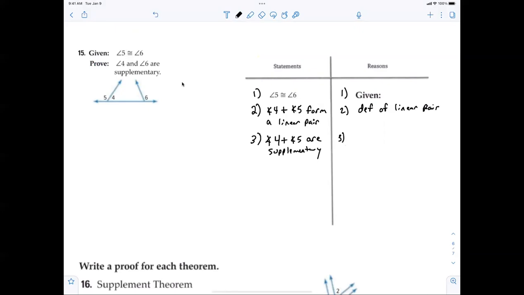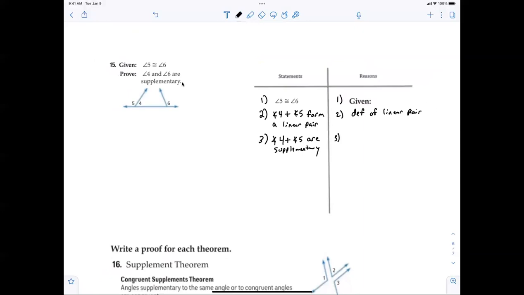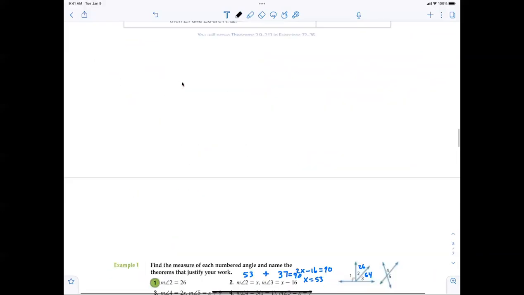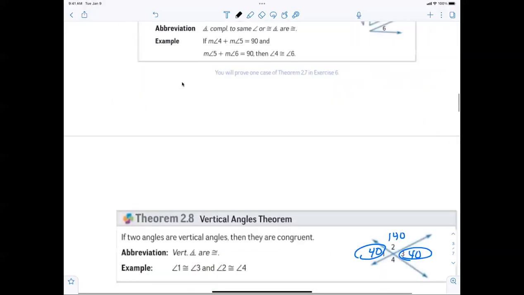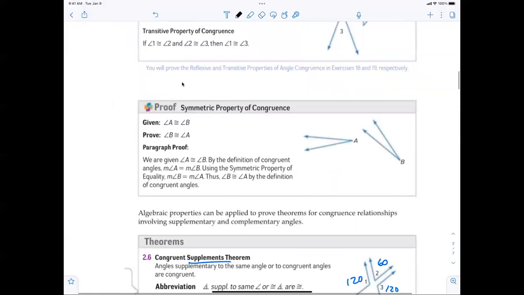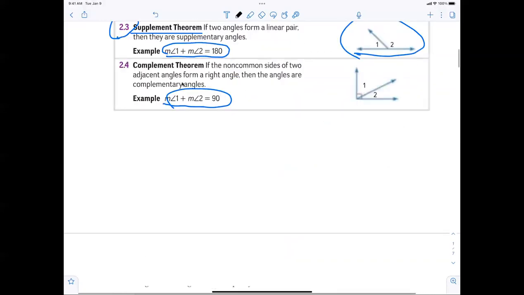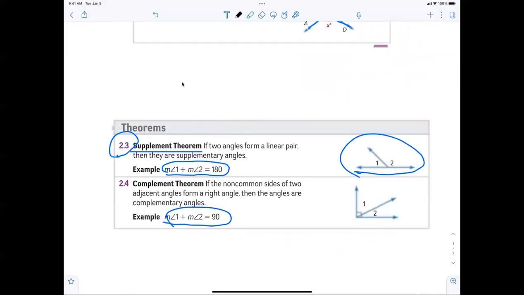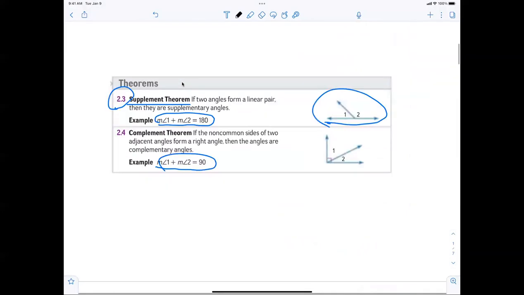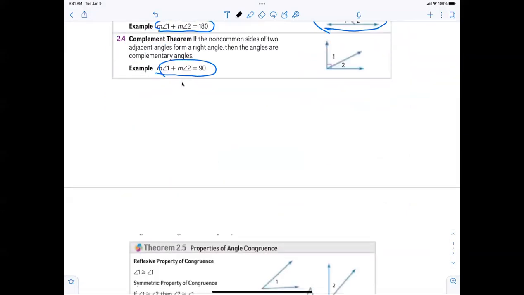Now, I think I want to scroll back for a second. All right, I want to show you something. They call it the supplement theorem, but I always called it the what?